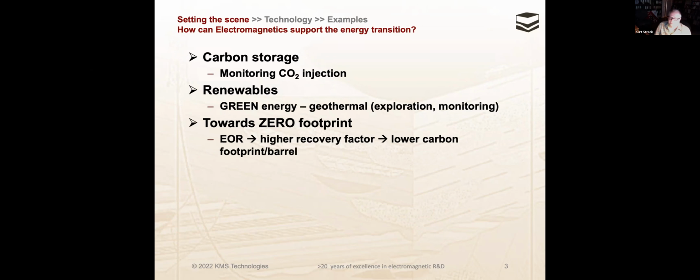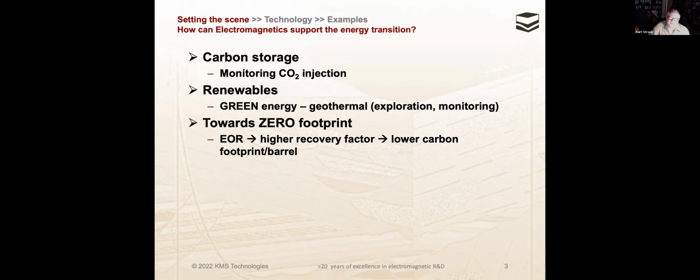And I think the most important application is going to be carbon storage. The reason why EM for storage is so important is because seismic is very, very limited in mapping the injected CO2.